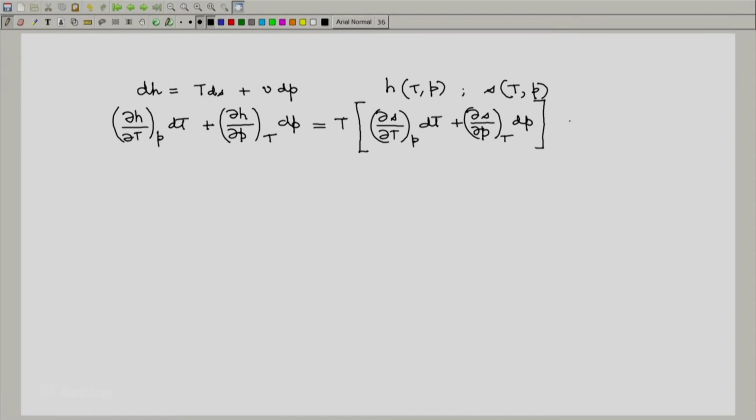The second term plus VdP remains as it is.